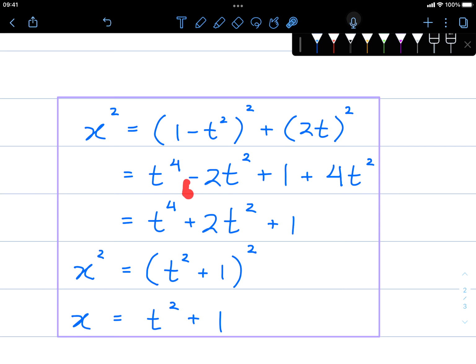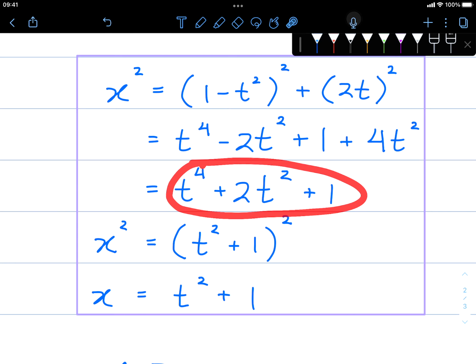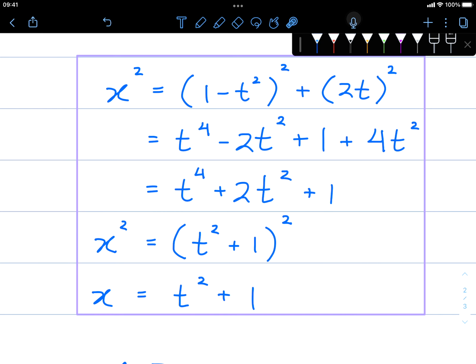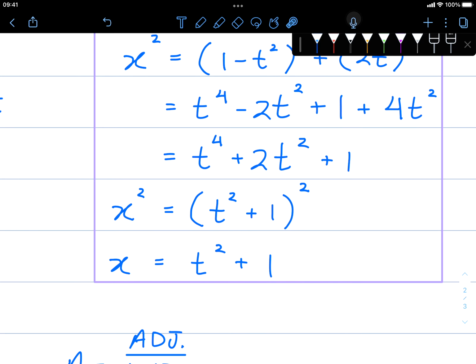From here we collect like terms, minus 2t squared plus 4t squared is plus 2t squared. This is rather difficult, but you can see that this is a perfect square. It's a quadratic where you can factorize it to become this. That's t squared plus 1 all squared. That's equal to x squared, which is what we initially tried to calculate. Take the square root of both sides, and we're left with x equaling t squared plus 1.